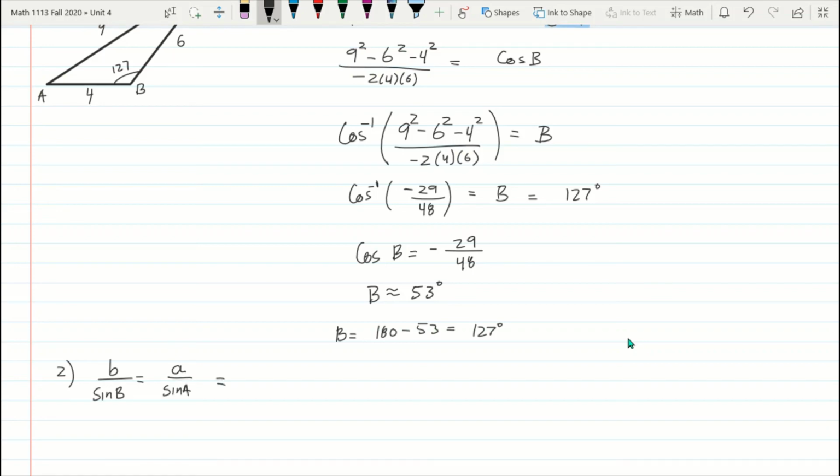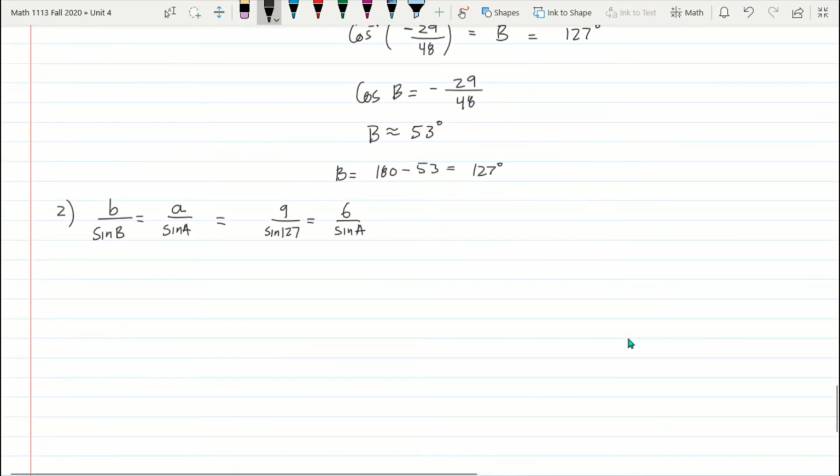So we'll go and find angle A, and we have b equals 9, angle B roughly 127, a is 6, sine of A. We're going to solve for sine. So sine of A equals 6 times sine of 127 divided by 9.